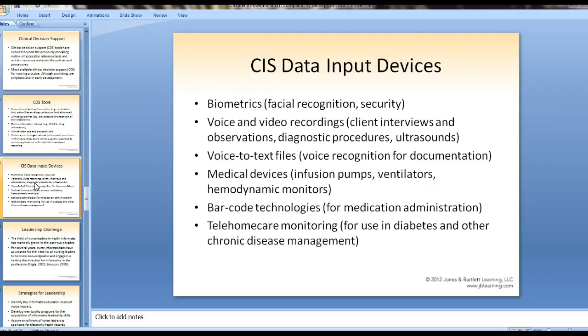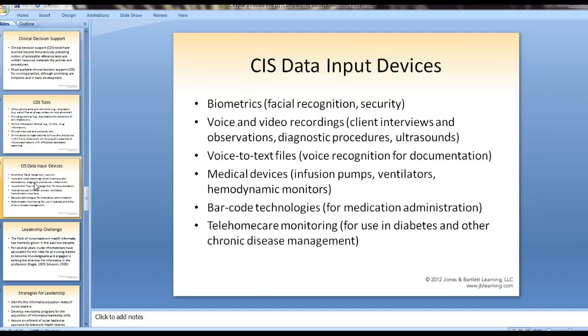How great is it when those infusion pumps help you double-check your work and calculate your drip? Barcode technologies decrease med errors to almost 0% at the University of San Diego California Medical Center. Telehome care monitoring is awesome for diabetes and chronic disease management.